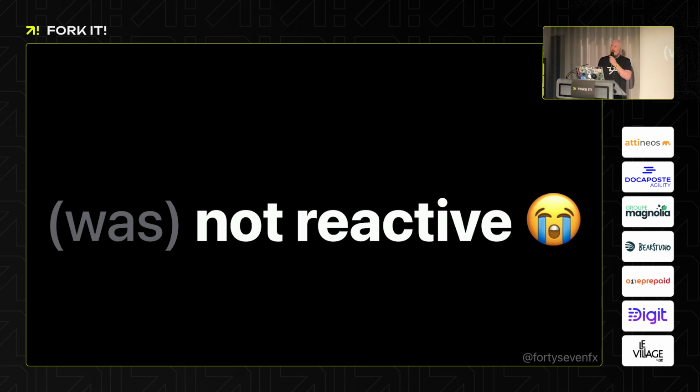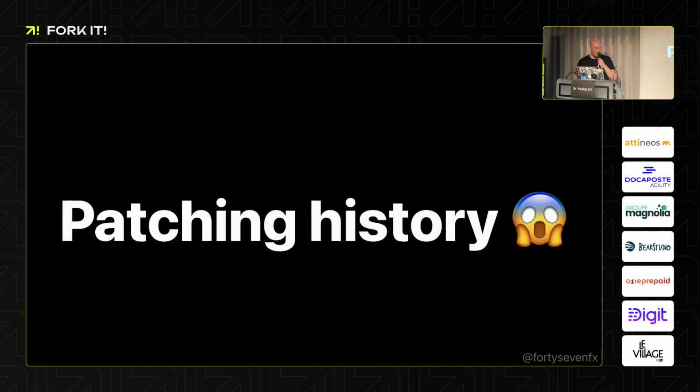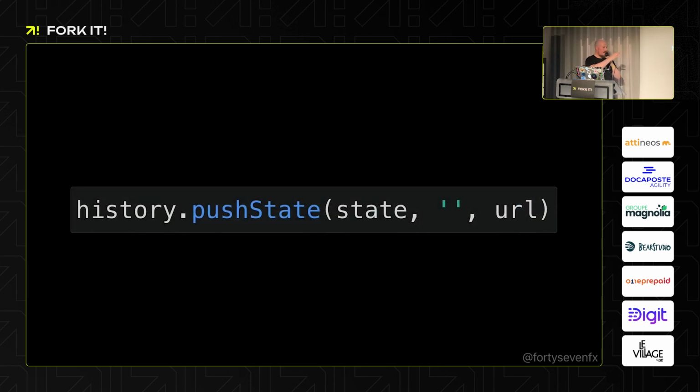They added it in 14.2, if I'm not mistaken. And so to support all these versions, we had to resort to some hacks. We had to patch the history methods. Patching is when you take something that's built in the browser, you replace it with your implementation, and inside you would call the original function.